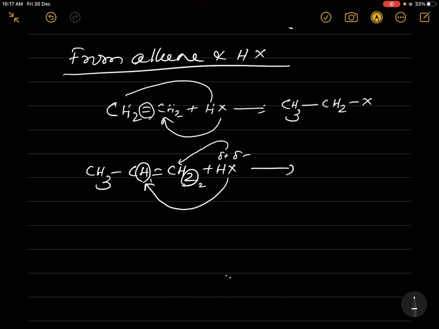So you get CH3CHX, the double bond becomes a single bond, and CH2 becomes CH3. This is according to Markovnikov's rule.